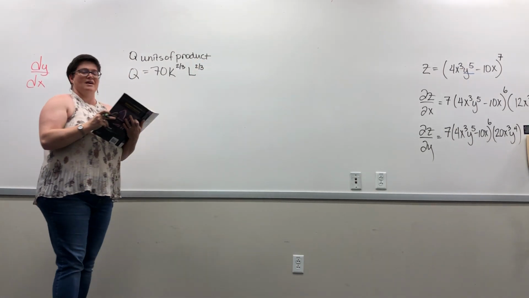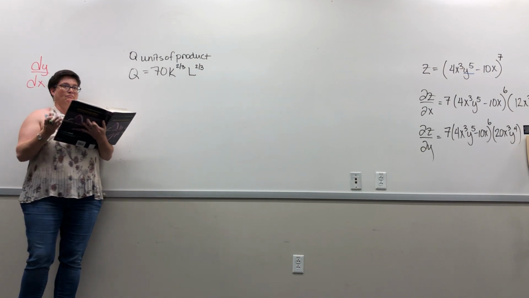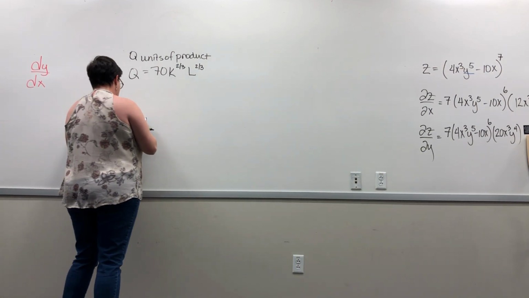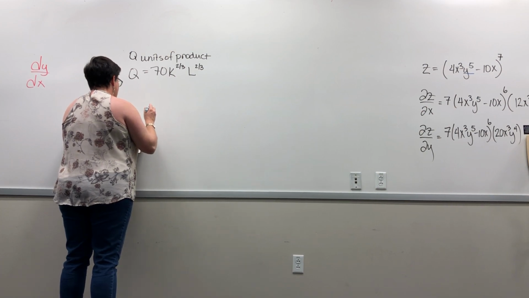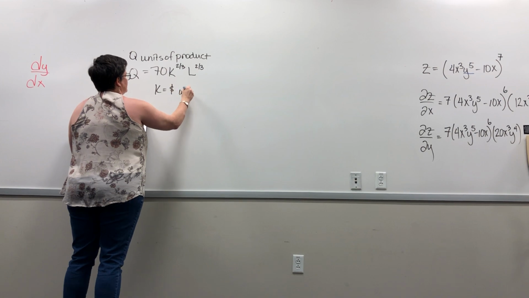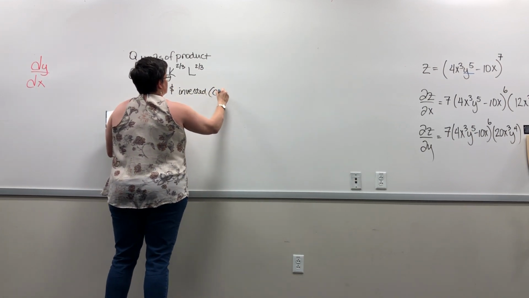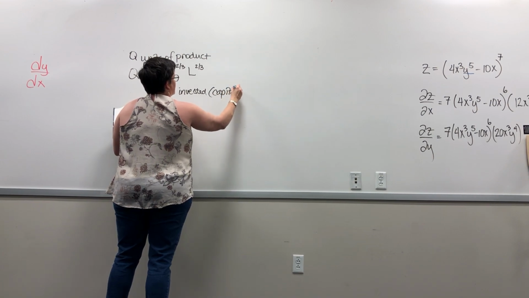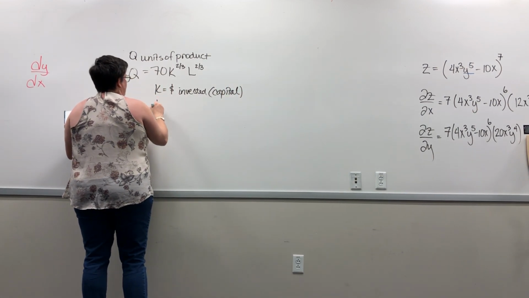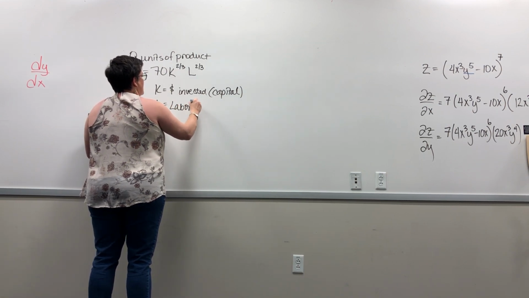Have you guys ever seen this before? Is this econ or something? K is dollars of capital investment, capital with an A. And L is labor in hours.